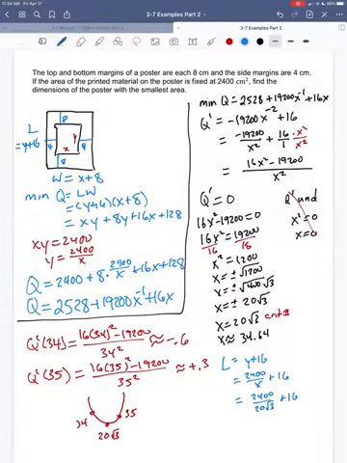So we would get 2400 divided by 20 times the square root of 3.